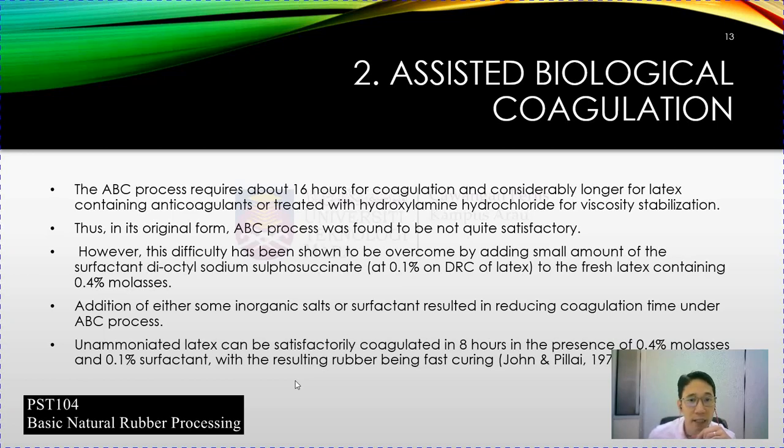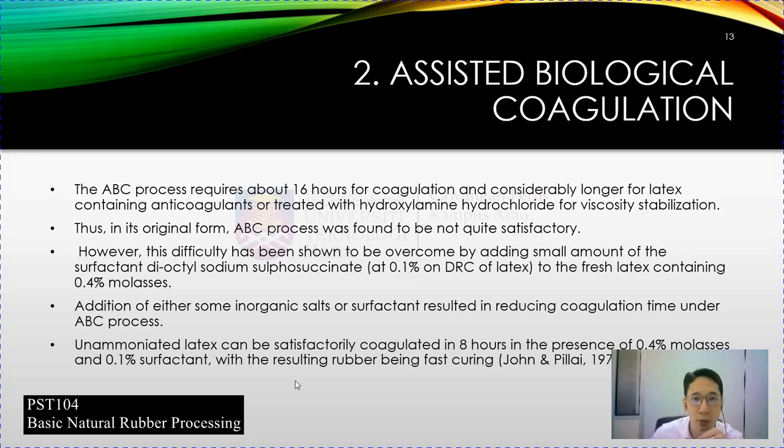However, this difficulty has been shown to be overcome by adding a small amount of surfactant, which is dioctyl sodium sulfosuccinate, at 0.1% of the RC of latex, to the fresh latex containing 0.4% molasses. Addition of either some inorganic salts or surfactant reduces coagulation time under the ABC process.